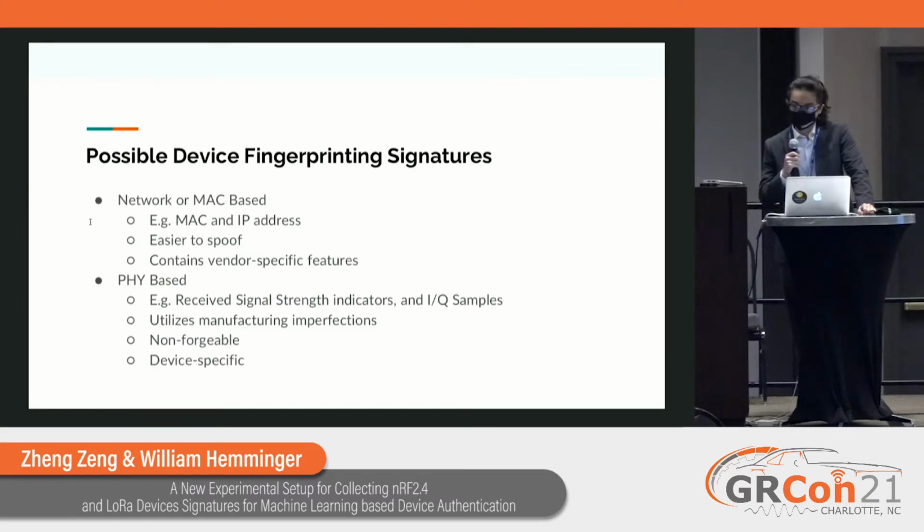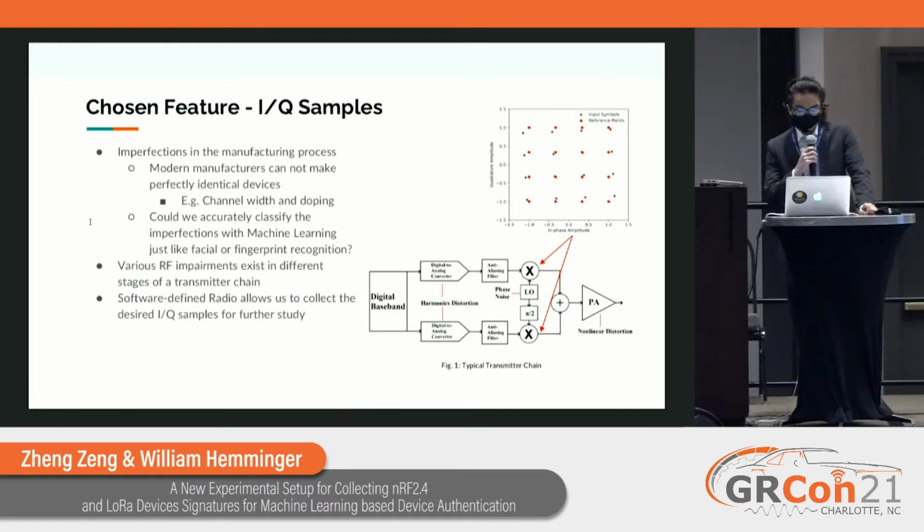So if we look deeper into the physical layer, we have features such as the received signal strength and IQ samples. But remember, we want something that is device specific and non-forgeable. So we may want features that utilize or are related to manufacturing imperfections. So what we eventually chose to look at is the IQ sample.